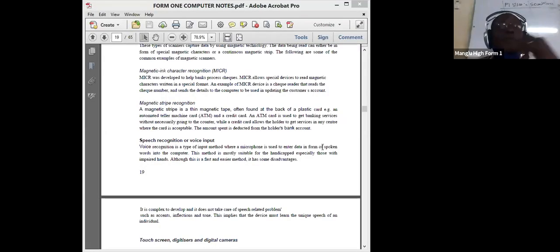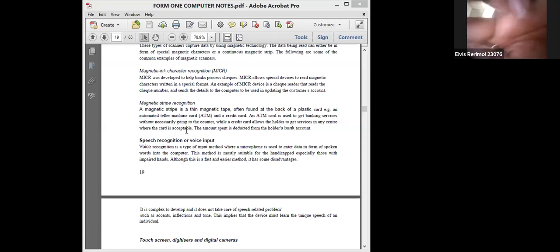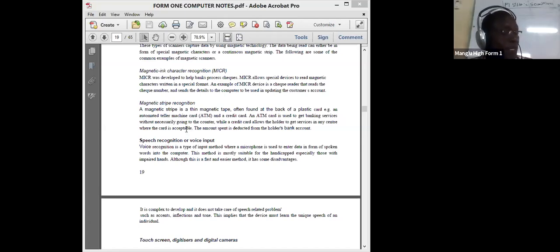Now, that is magnetic stripe recognition. Examples here are the automated teller machine or ATM card. We have Visa card, as somebody rightly stated, and many others. Those are scanners. And then, still on input devices, we have speech recognition and voice input devices.